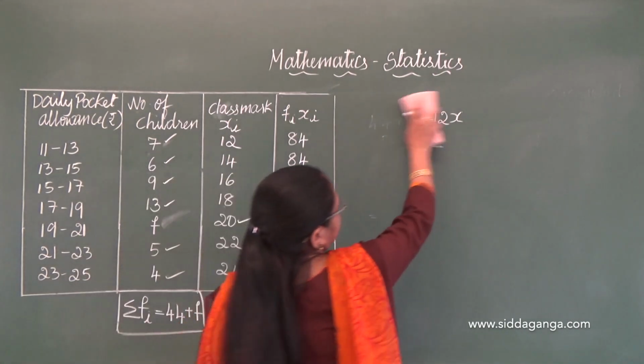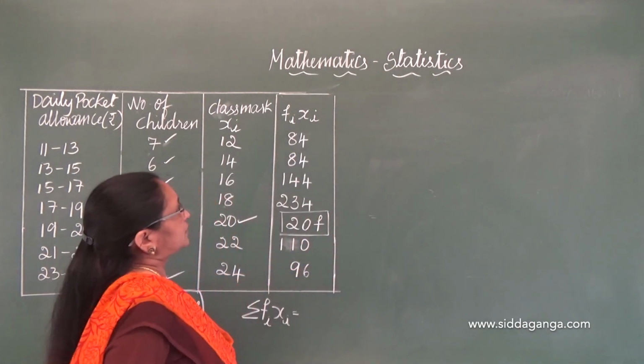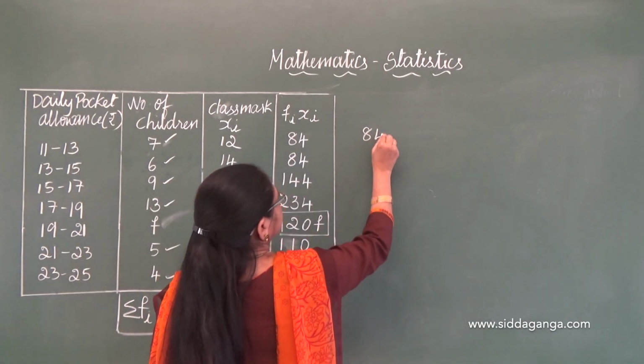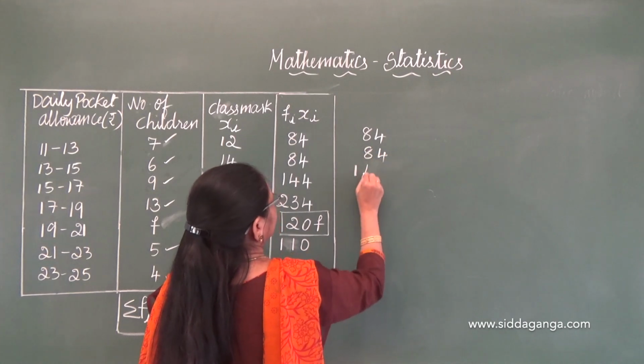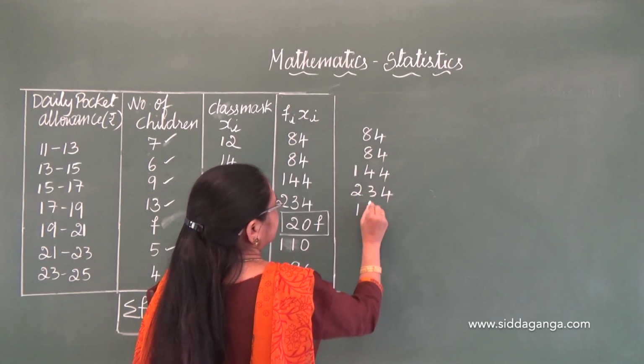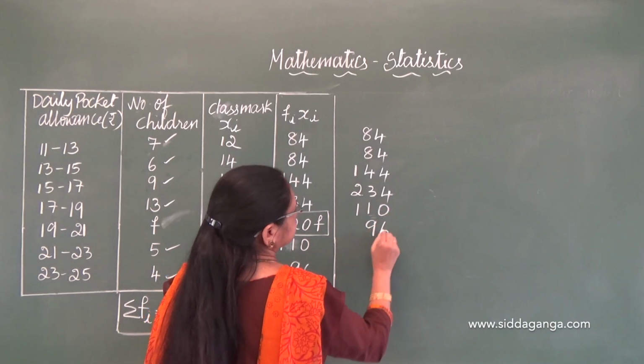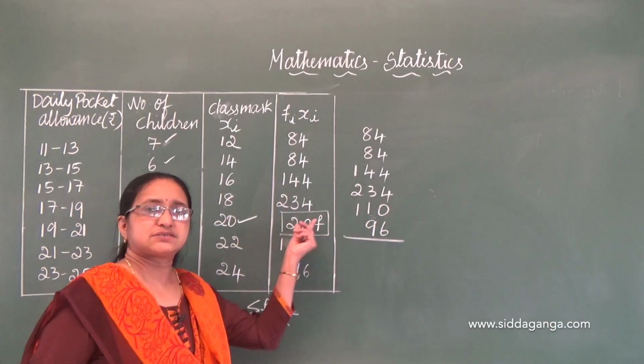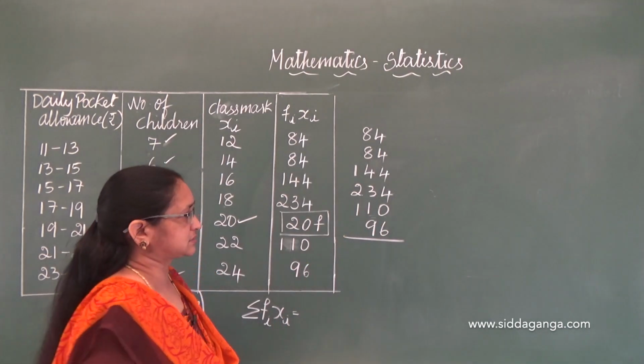So, the same thing you have to follow here. I will write here 84, 144, 234, then 110, then 96. You have to add all this, plus 20F you should keep as it is.